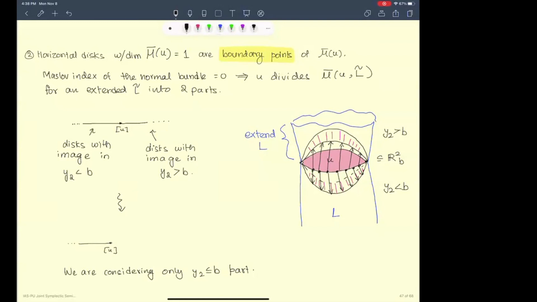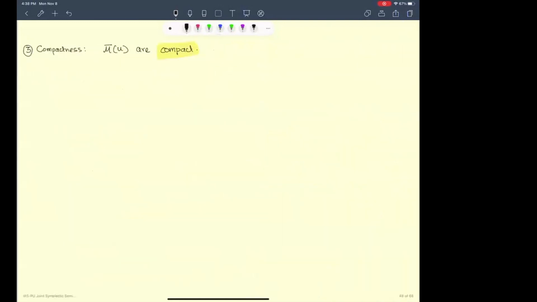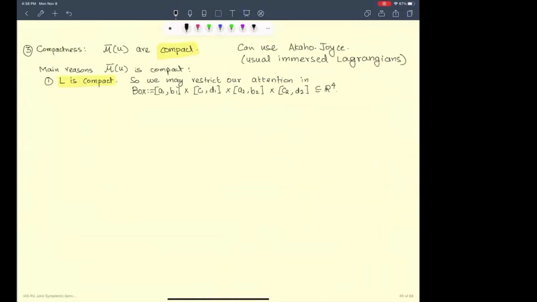Okay. These are compact. That had to be coming, right? So for the compactness, you can use the usual immersed Lagrangian compactness. R4 is not compact, but my boundary conditions are compact, the Lagrangian tangle L. So I can restrict all my attention to some box.